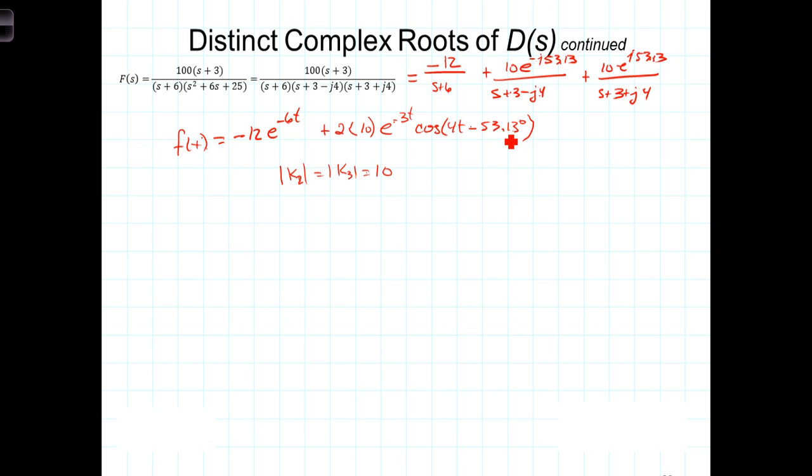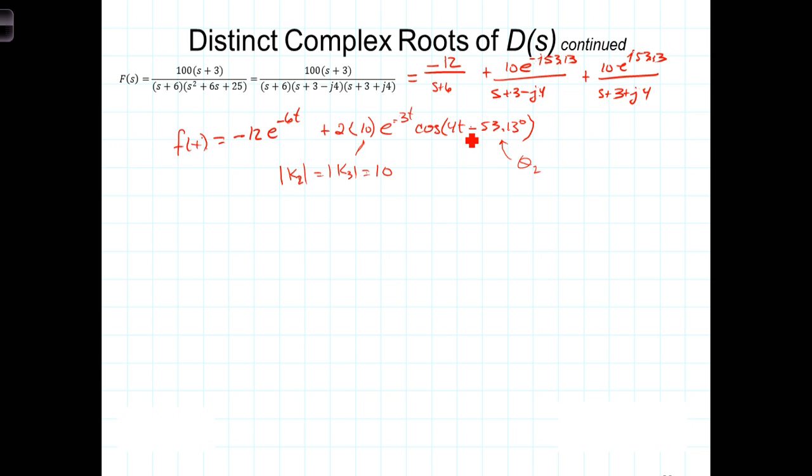So this term right here is just the K values. This term right here is the angle associated with K2. Now, the 3, the real part of the factor here, ended up as a minus 3 here. And finally, the conjugate term, or the imaginary part, this 4, ended up as the frequency of oscillation here.